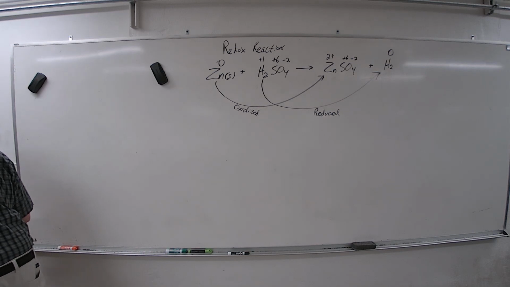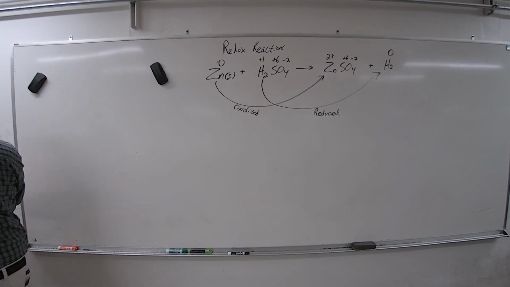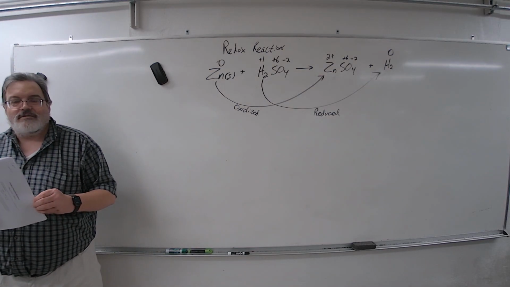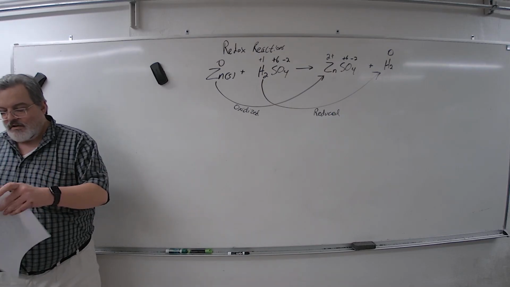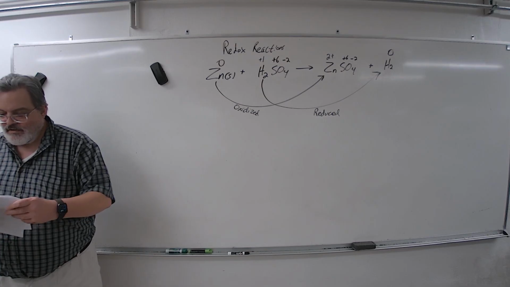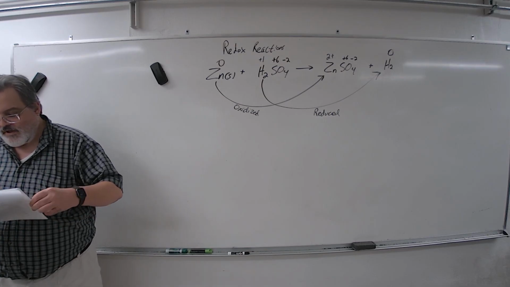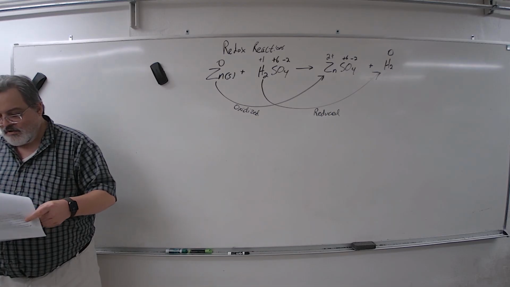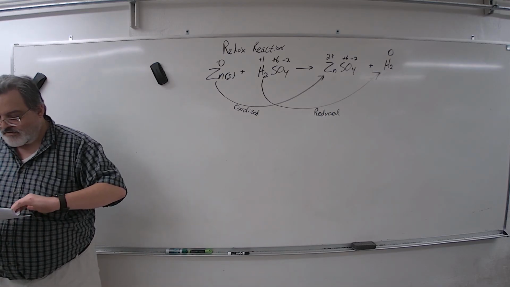Okay, what I want to do next is balancing. You guys balance these? You balance it under base conditions, you balance it under acidic conditions. Good. This book did that in the 1211 portion of class, and I started to do those, and then I stopped myself, but it does go here.